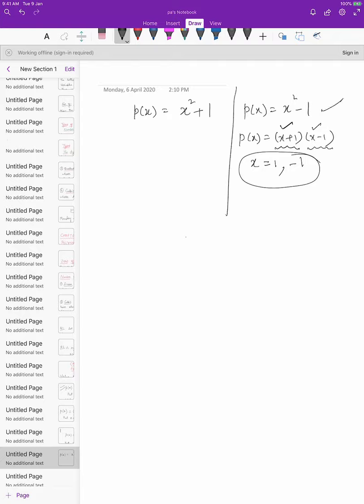Now, if I talk about this, p(x) is equal to x square plus 1, we cannot factorize it as such. Can you think of putting any value of x here which makes this polynomial 0? If I want to make this polynomial 0, then obviously I need one negative and one positive value.